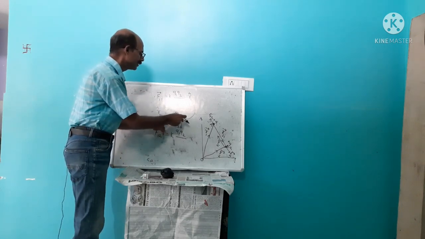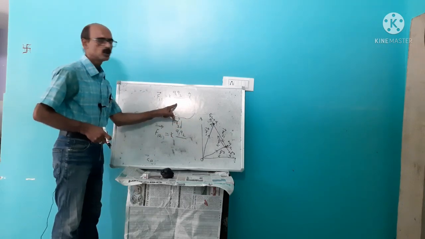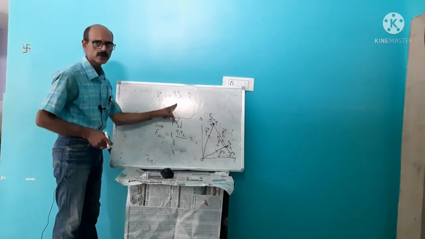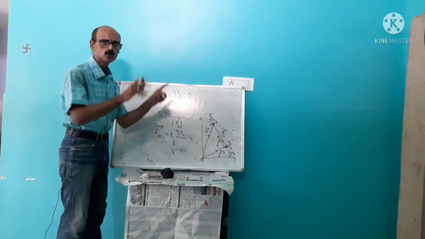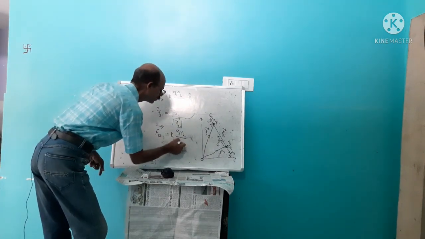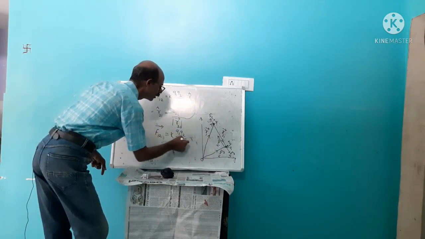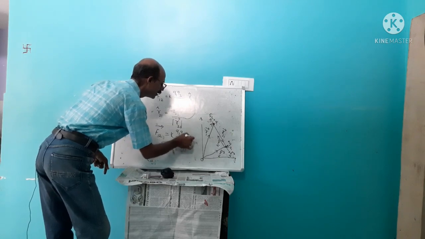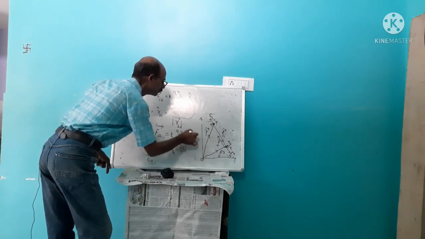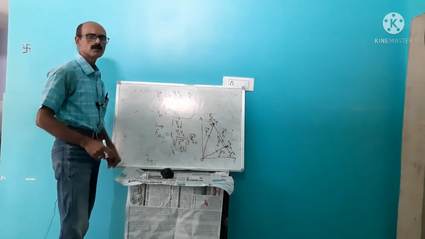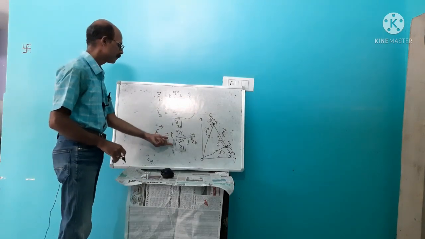Magnitude of R21. This magnitude of R21 will be multiplied with R21 square. So it becomes R21 cube. So we will get R21 cube and here vector R21. This is vector form of Coulomb's law.